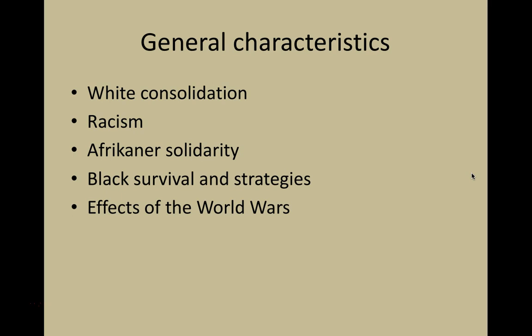The World Wars, especially the Second World War, did serve to bolster the South African economy a great deal, because South Africa did side with Britain in the Second World War, and they supplied a lot of materials to the war effort.